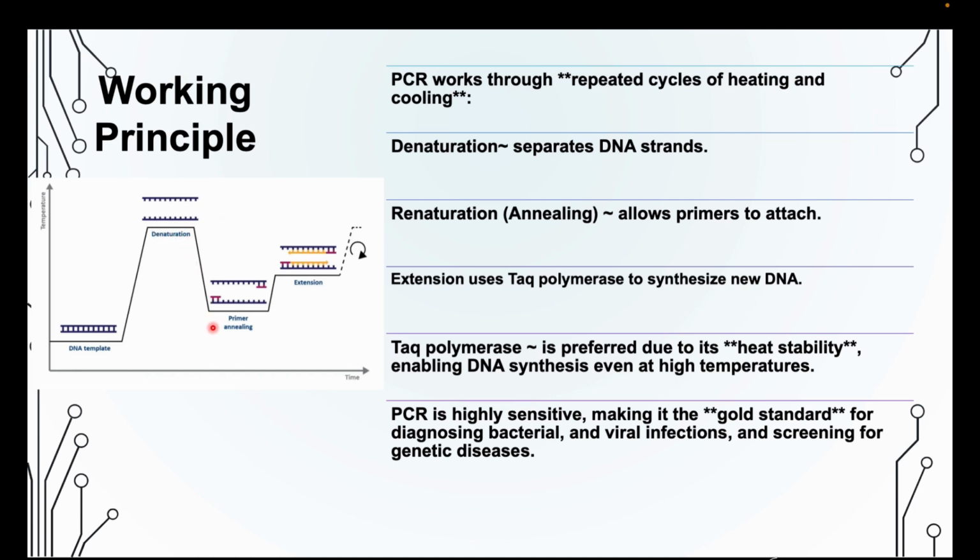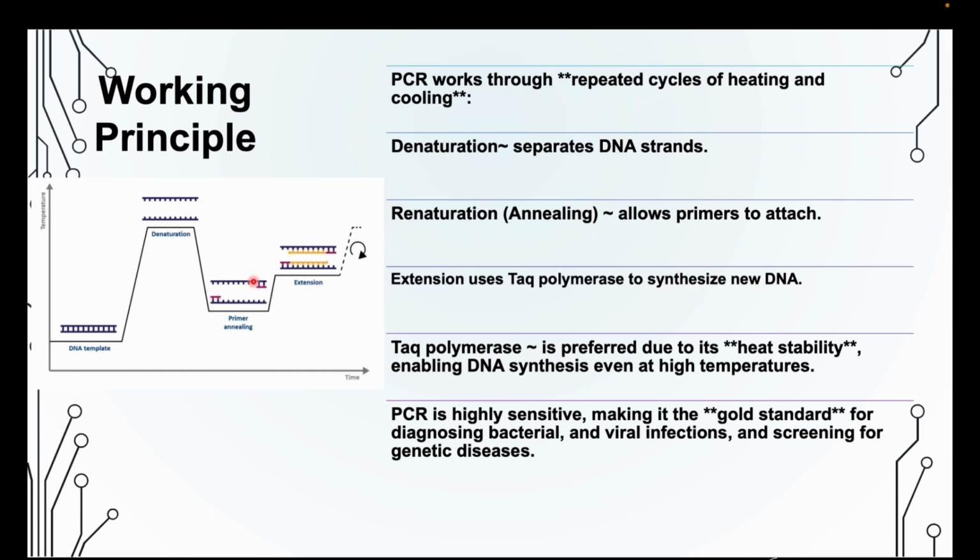Then primer binding occurs. A primer is a short sequence of DNA which is necessary. Otherwise, how would you extend it? You want to amplify it. So from one strand of DNA, you get millions of copies. How? Through primers. The primer binds at the edges and it extends through Taq polymerase to synthesize new DNA.